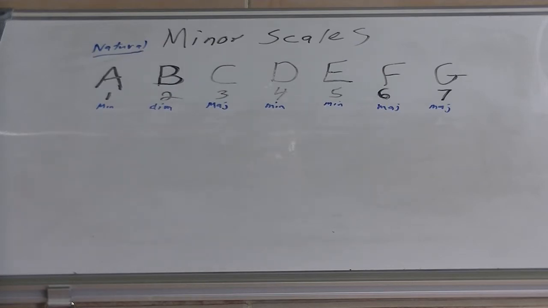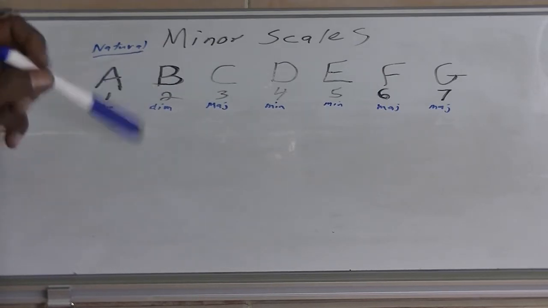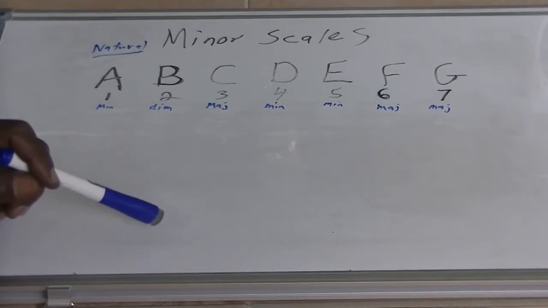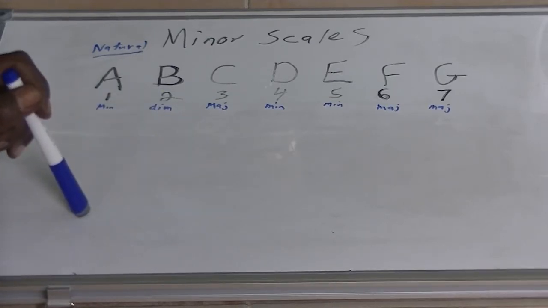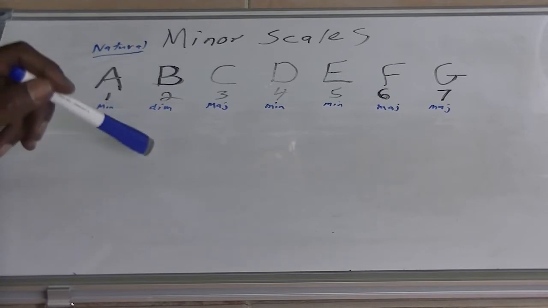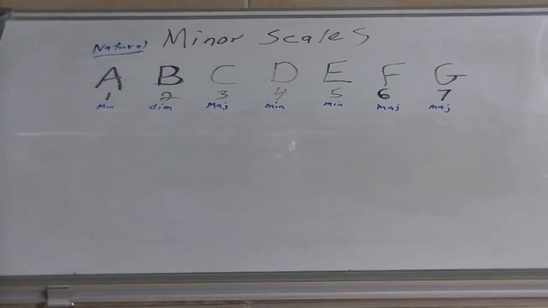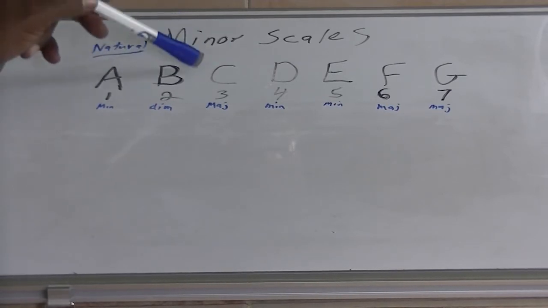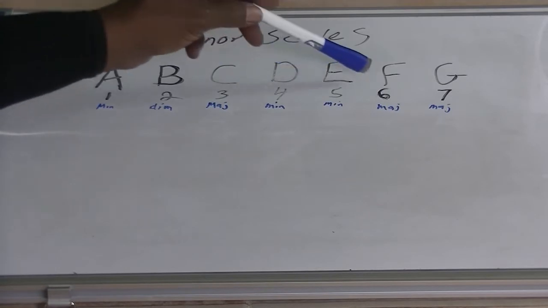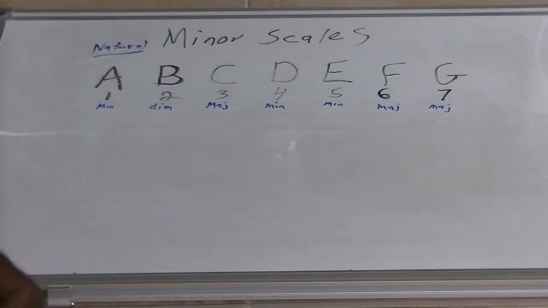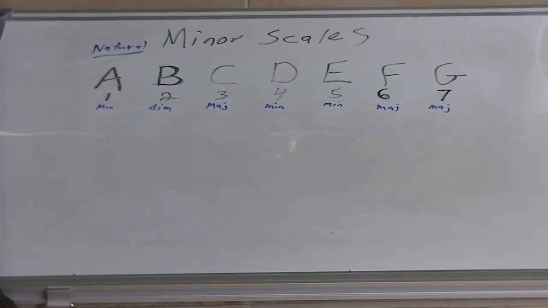So what I have here is the A natural minor, as I'm calling it. I've also heard it referred to as the pure minor scale, or the Aeolian mode. Essentially, starting with the note A, we have A, B, C, D, E, F, and G. And of course this is a really good scale to start to work with because it's the minor version of the C major scale.